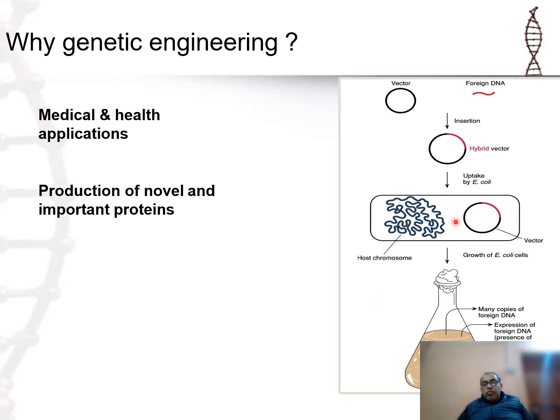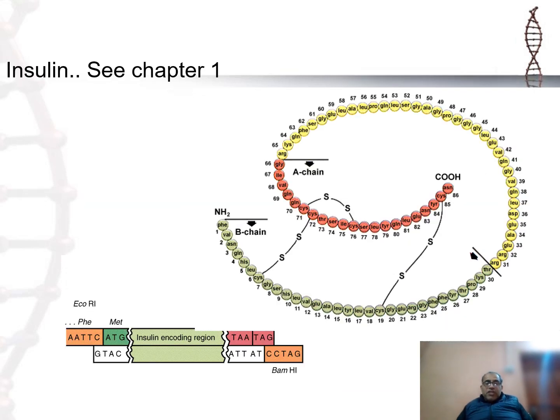For example, recombinant insulin, which you might have heard of, can be produced using genetic engineering methods. The particular insulin gene is isolated and then inserted into a plasmid, and that plasmid is transformed into a bacterial host, and then it will produce the recombinant insulin protein.